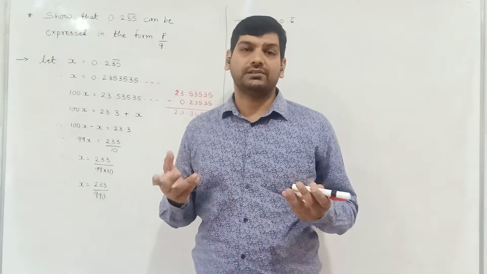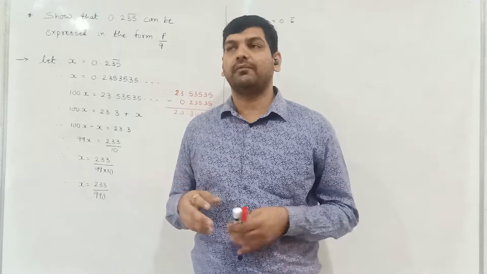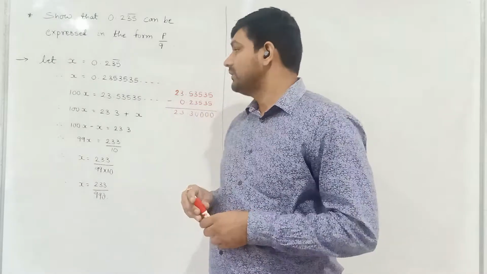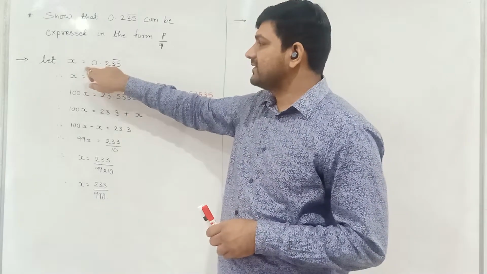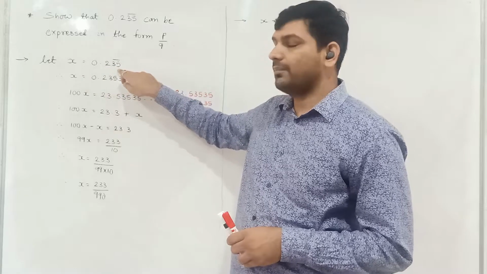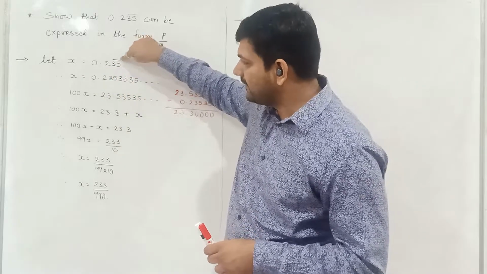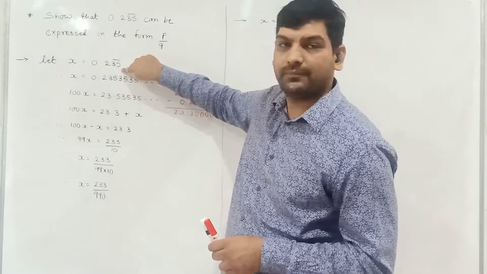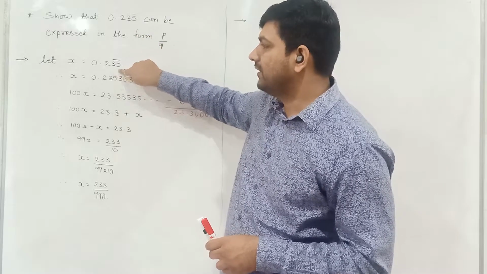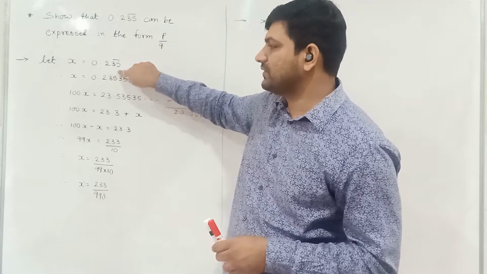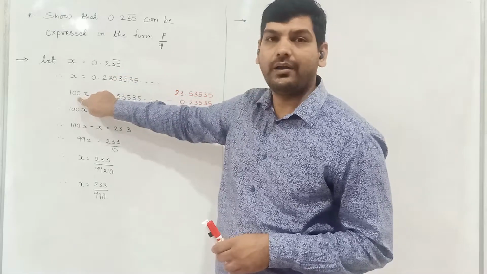And if it is on top of three numbers, then multiply with 1000. So x is equal to 0.35 bar. That means the bar line is on top of 35, so it is two numbers, so we multiply with 100.